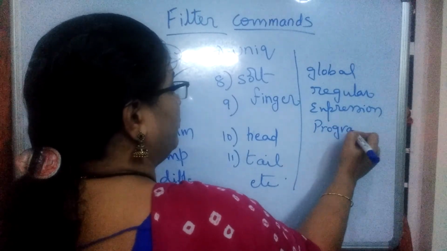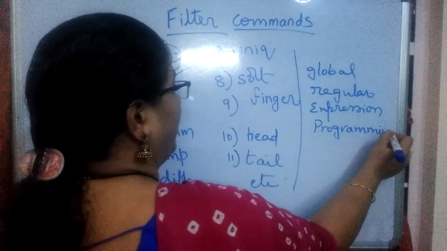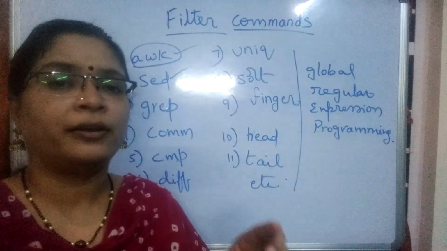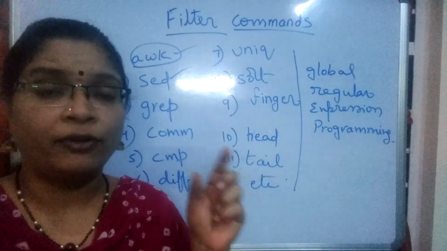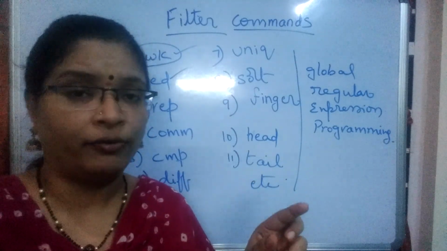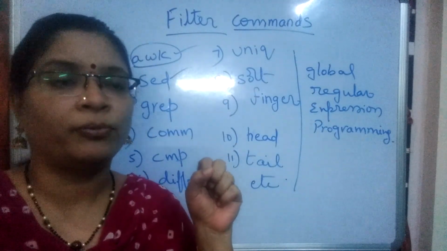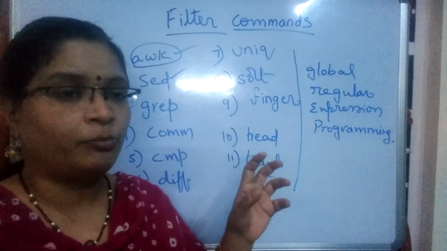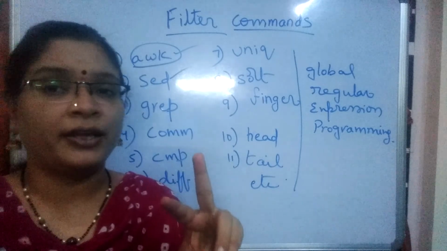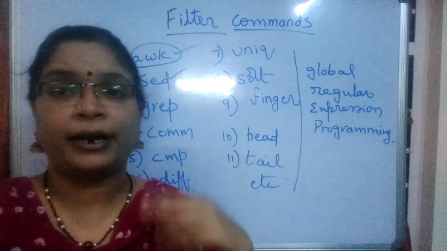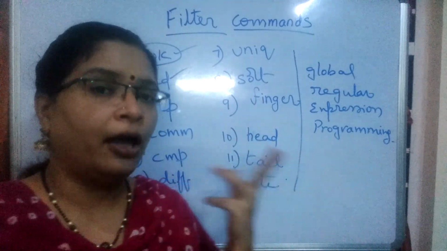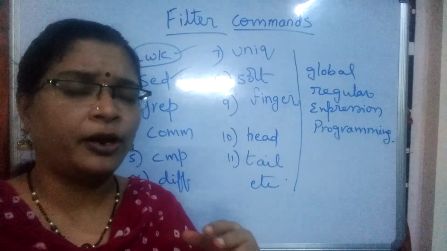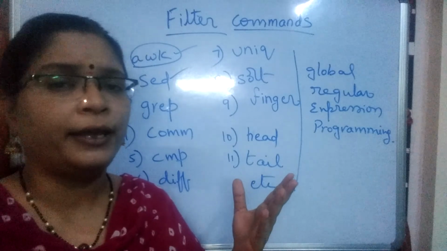The main purpose of the grep command is to extract the relevant pattern or required word from the existing multiple lines of text. That is the main motivation of the grep command. There are also variations of grep, like egrep and the fgrep command. Regarding egrep, fgrep, and grep, I have already made a video.